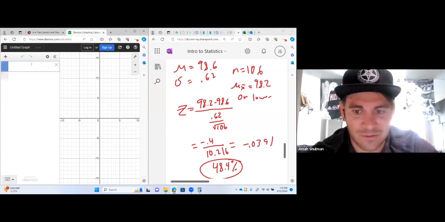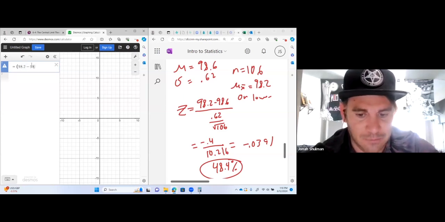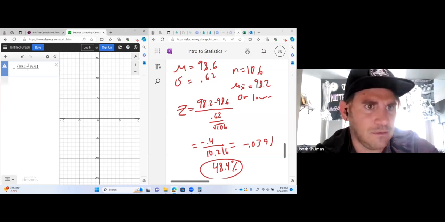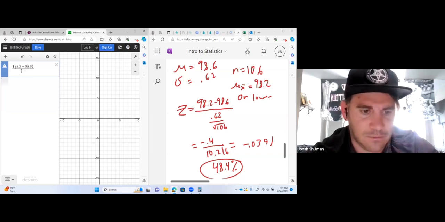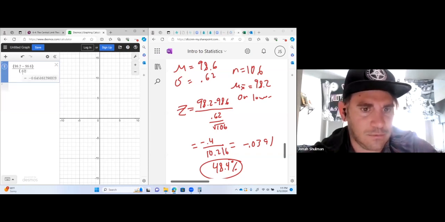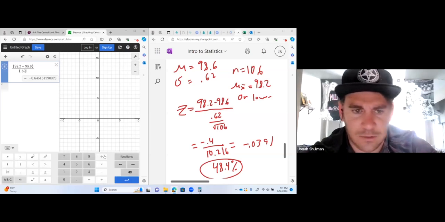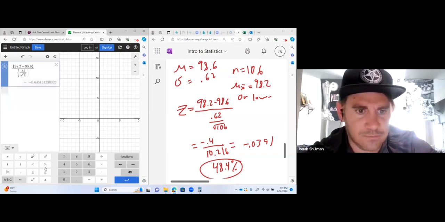All right, so equals parenthesis 98.2 minus 98.6 divided by parentheses 0.62 and then I want divided by the square root of 106.